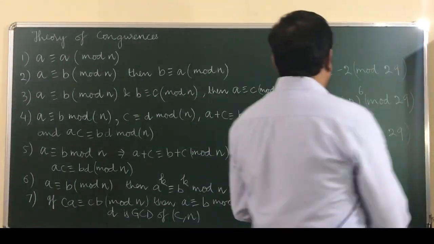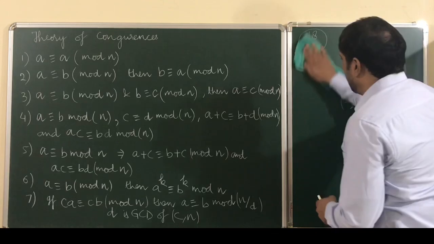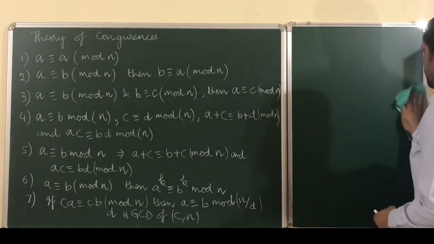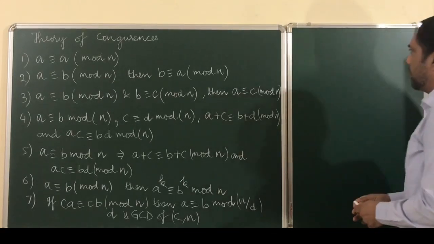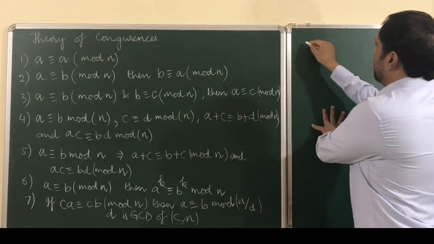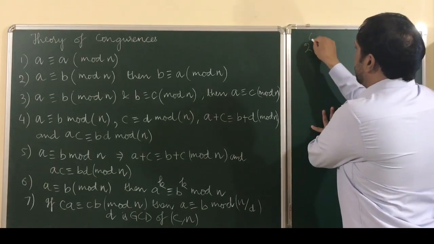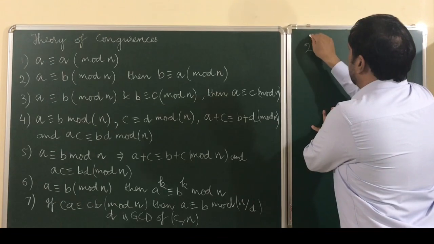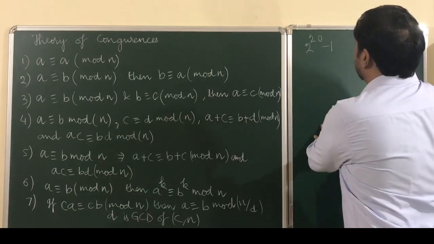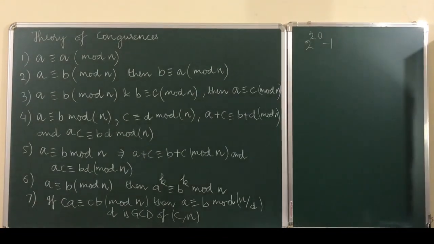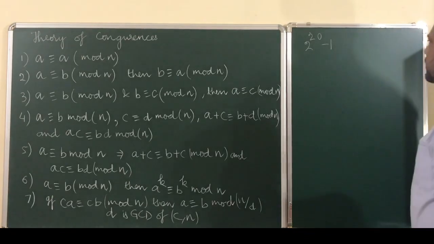One more example I take. Let's say 2 raised to the power 20 minus 1, and we have to check its divisibility by 41.